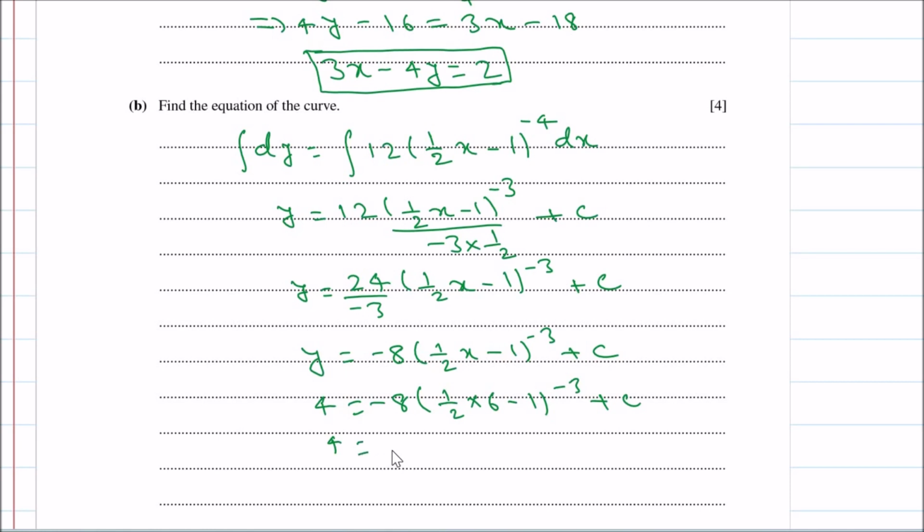Now half into 6 is 3, 3 minus 1 is 2, 2 raised to the power minus 3 is 1 divided by 8, plus c. This implies that c equals 4 plus 1, that is equal to 5.